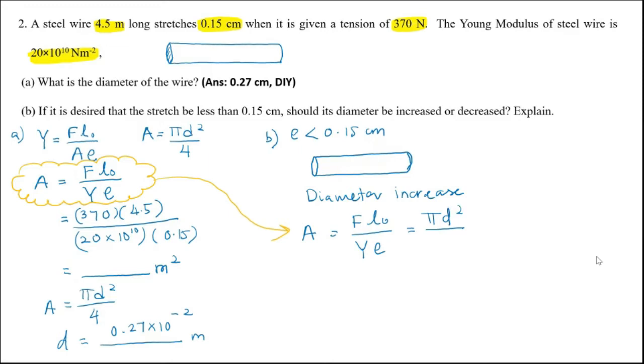You see these two, elongation and diameter squared.